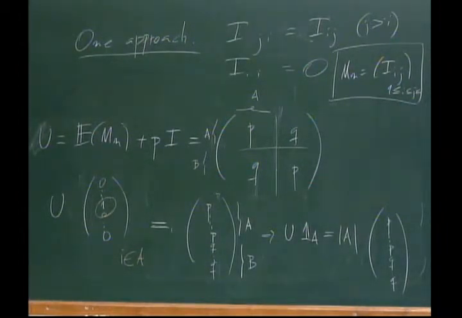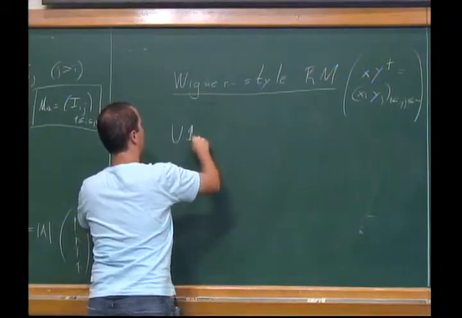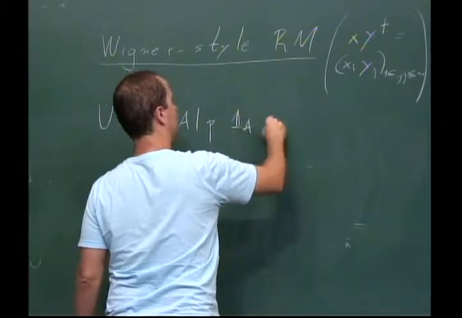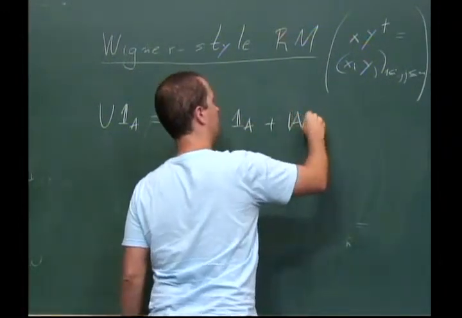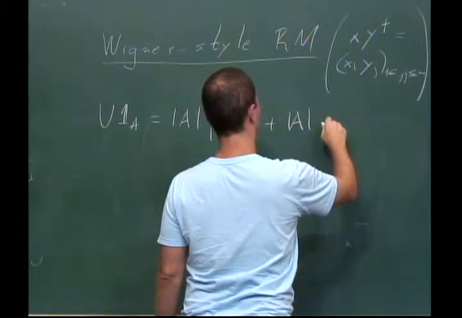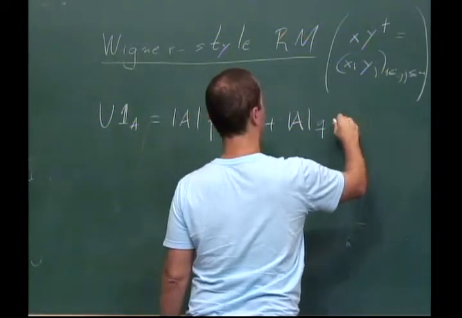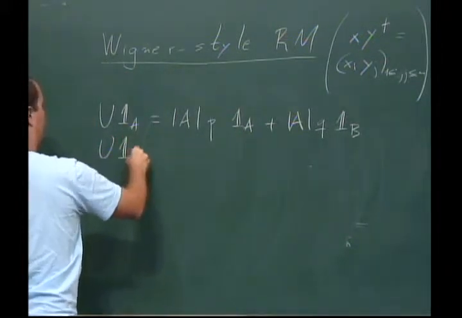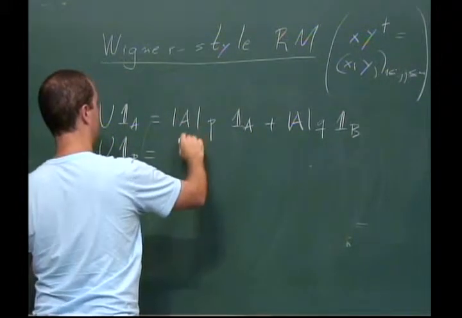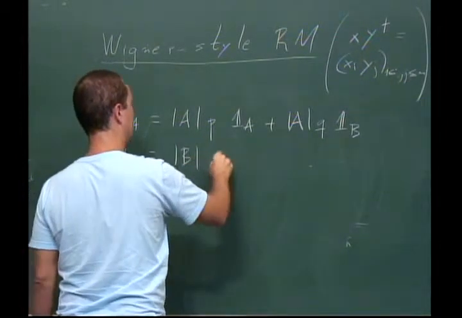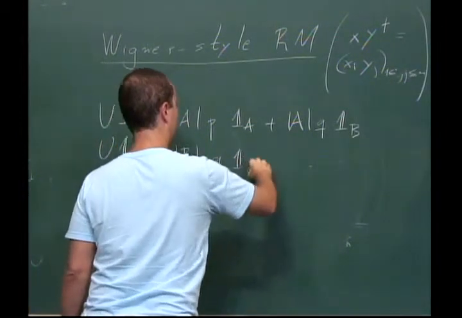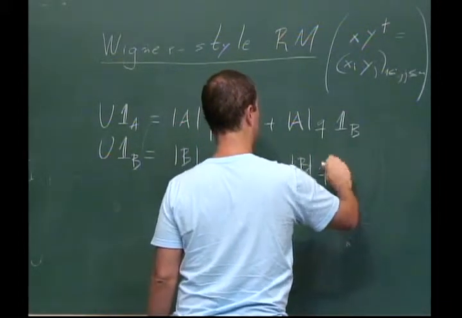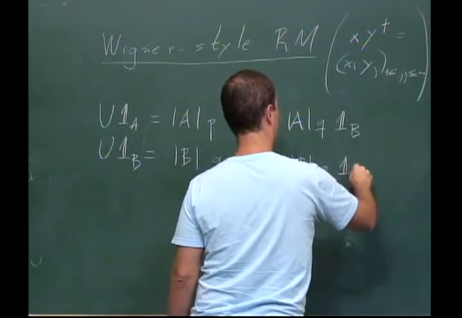U times the indicator of A equals cardinality of A times P times indicator of A plus cardinality of A times Q times indicator of B. And you get almost the same thing for B in here. You get cardinality of B times Q times indicator of A, plus cardinality of B times P times indicator of B.